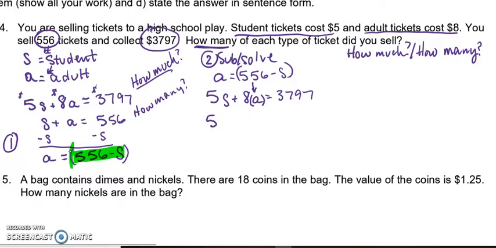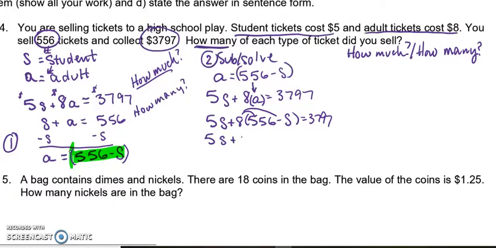So this information is going to go in right there for the A. So that'll be 5S plus 8 times (556 minus S) equals 3,797. So from here I end up with 5S, and I'm just going to go through the solving steps. Distribute.